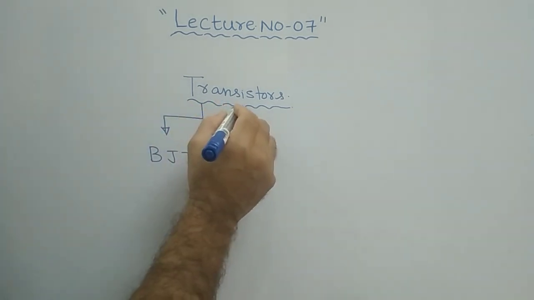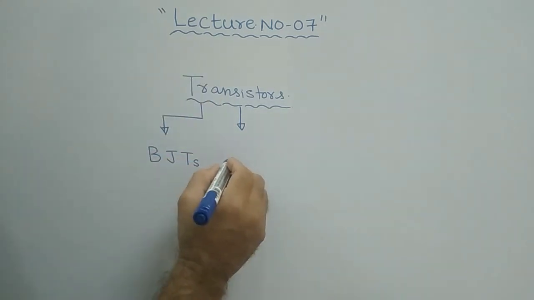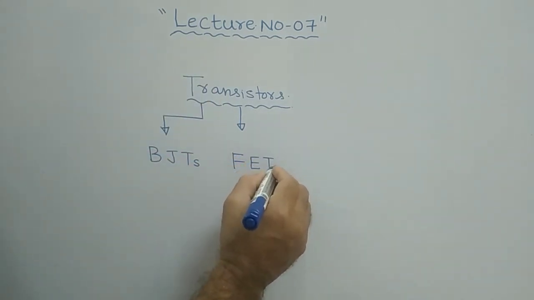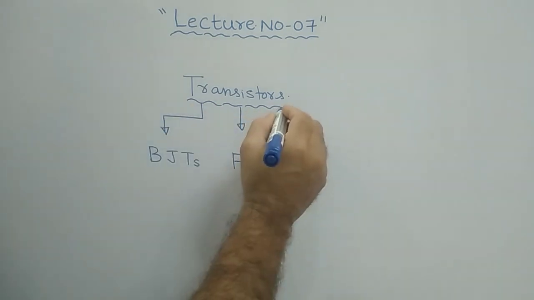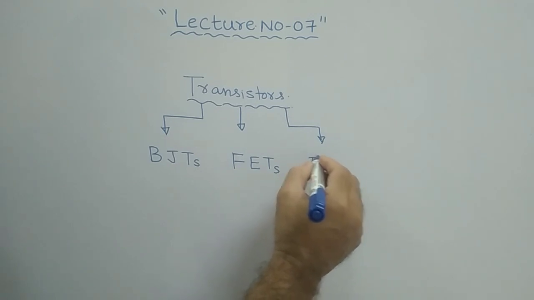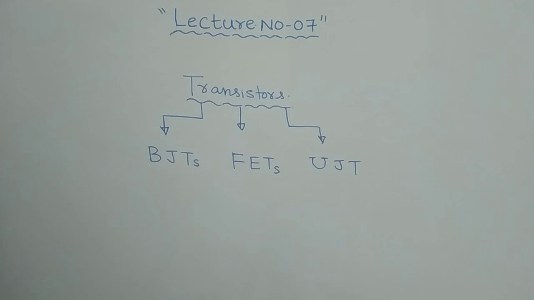The second type under this transistor family is FET, that is field effect transistors, FETs, and the third category is UJT. These are the three types of transistors.